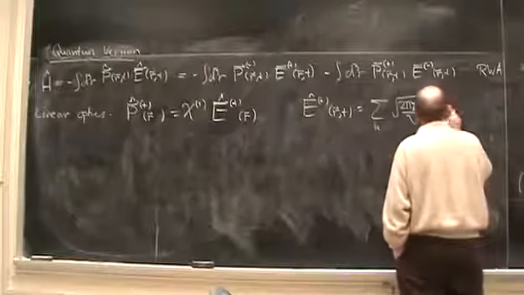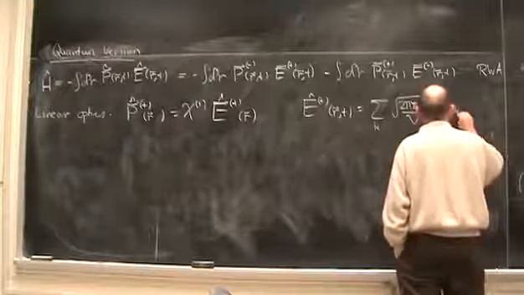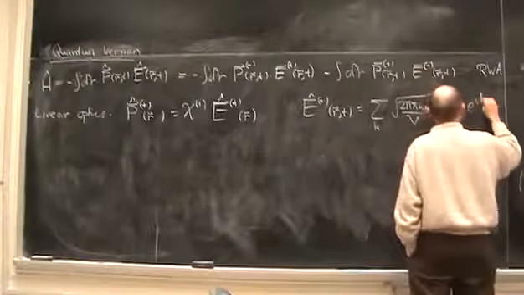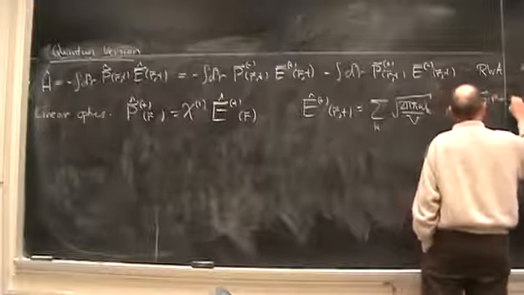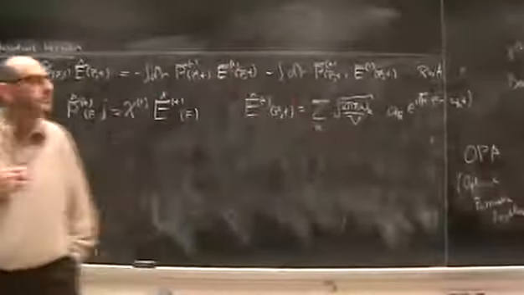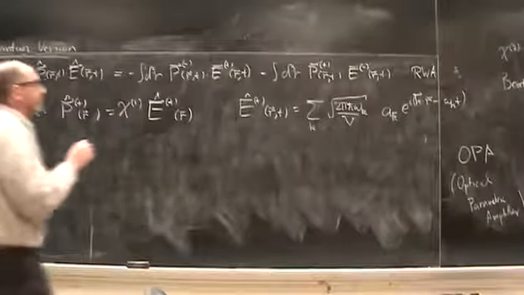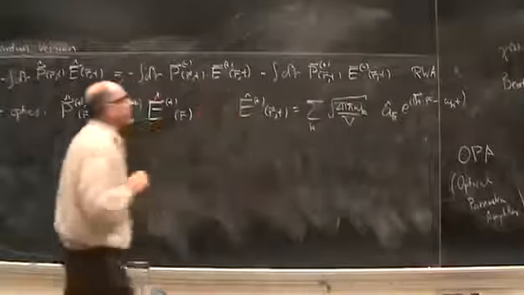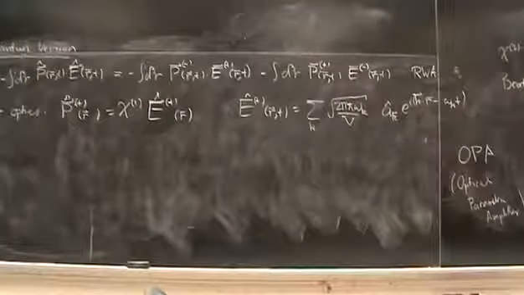But to get some of the key ideas, I want to ignore that for the moment. Okay? So allow me that. All right? So that's my positive frequency component. It involves the annihilation operators. And the negative frequency components involve the creation operators.